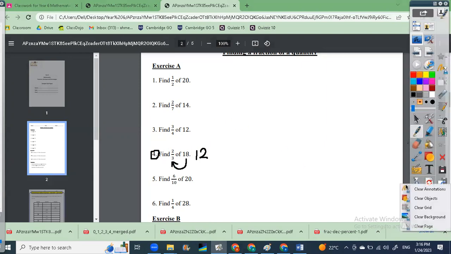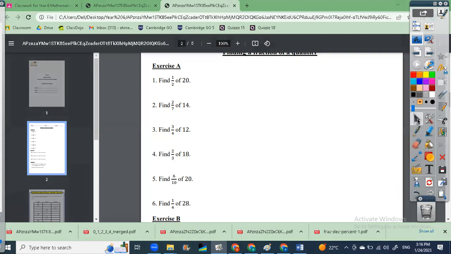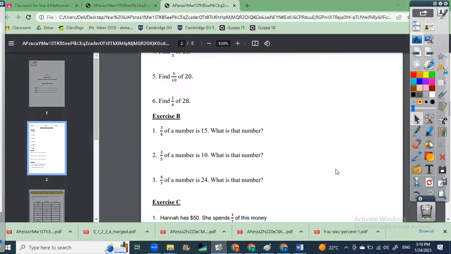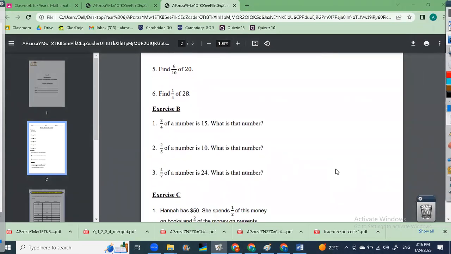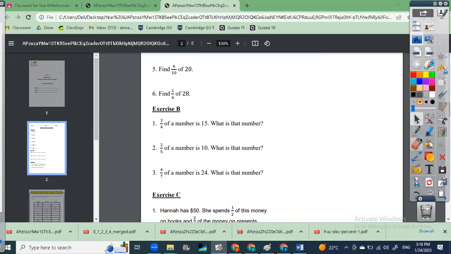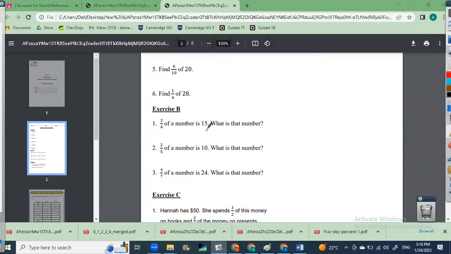All right, let's now move to the next section, which is about how to find the original number. If I have a fraction, like for example here, when they say 3/4 of a number is 15, what is that number? Okay, so now it's the opposite. We do not have the amount, we want to find the amount, like 3/4 of what is 15.